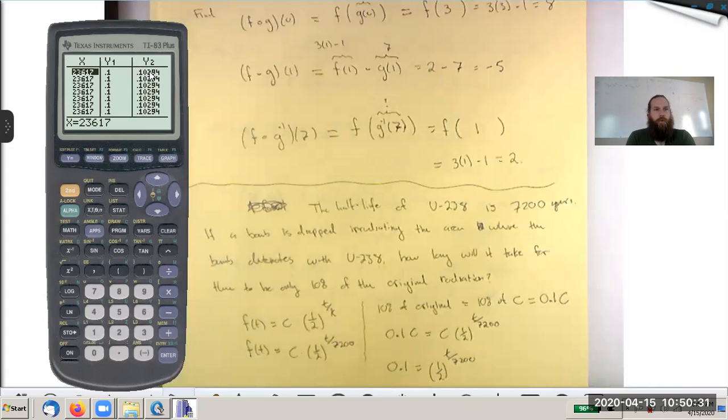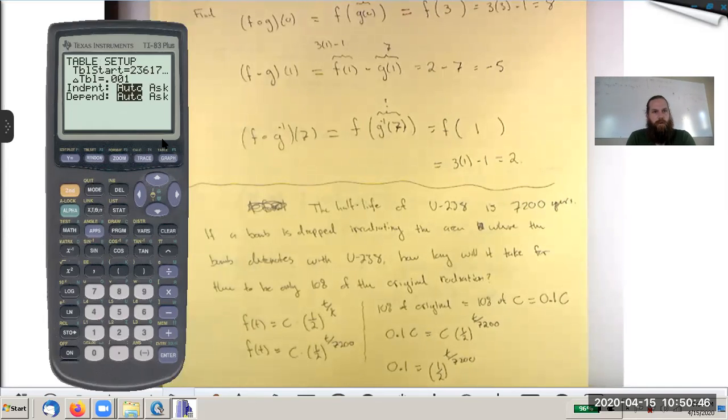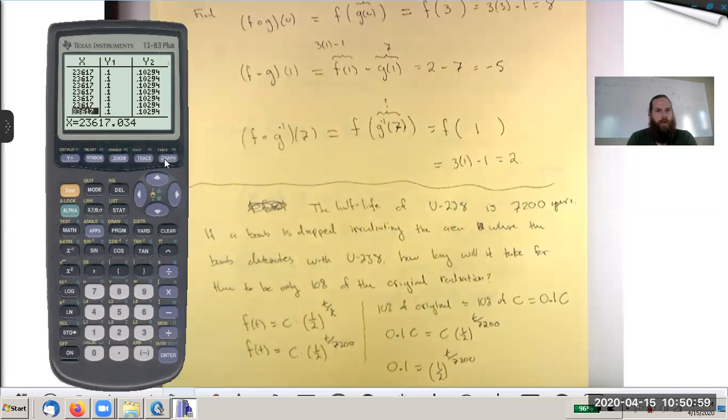I'm looking for a place where y2 is exactly equal to y1. And as I come down here, I'm going to see the y2s start to fall. Oh, I need to take bigger step sizes, sorry. Let's give me an extra 0. All right, that should go a little quicker.